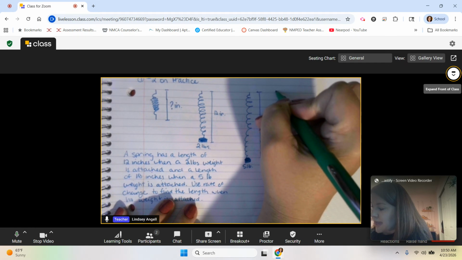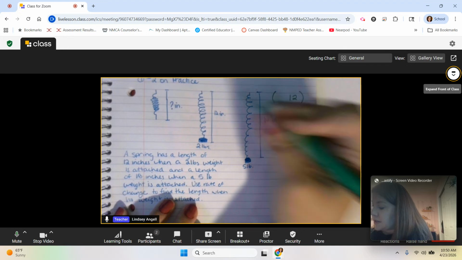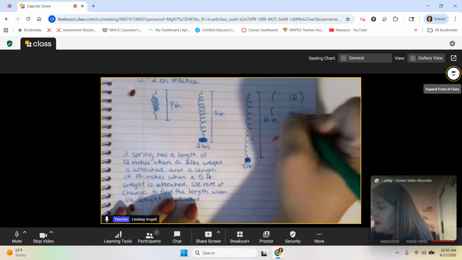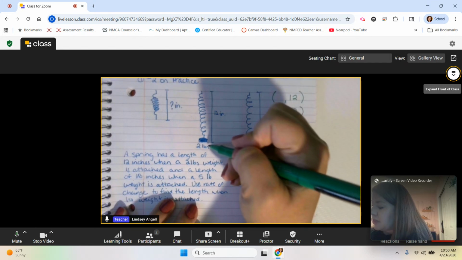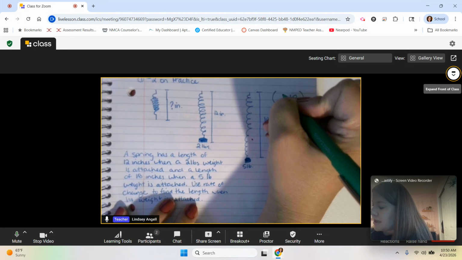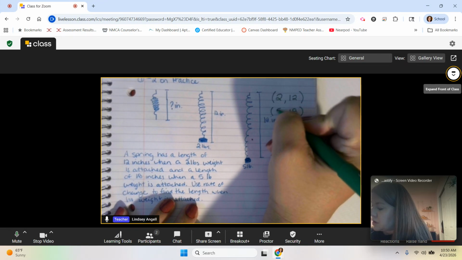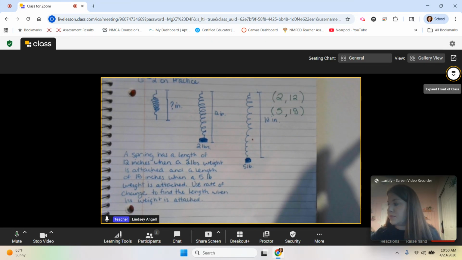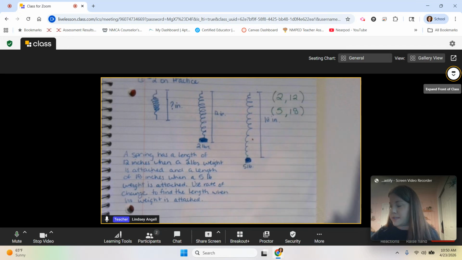So I'm going to consider the length as my y value in each of these ordered pairs, and the weights are going to be my x, okay? So this one should be 2, and this one should be 5, okay? So it's a 2-pound weight, 12 inches, 5-pound weight, 18 inches.